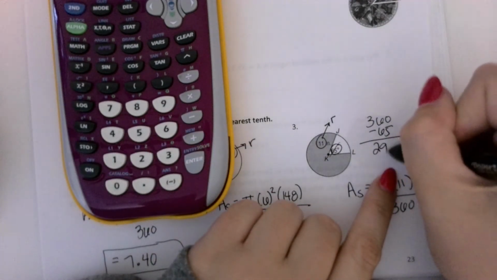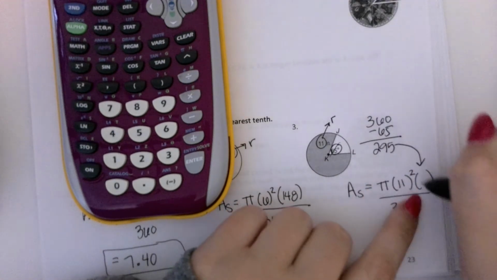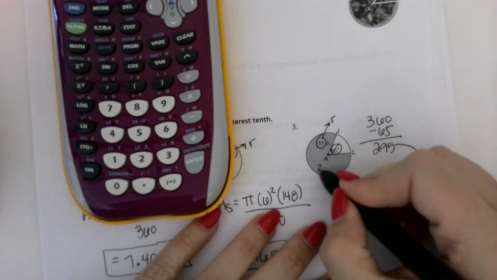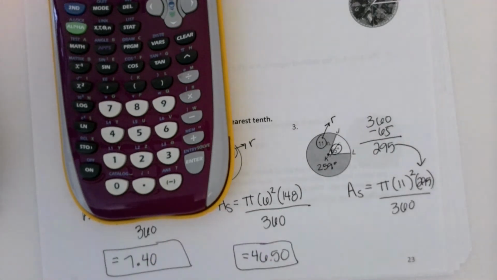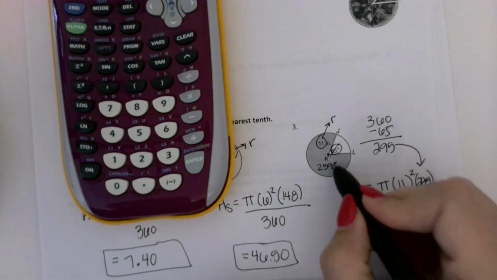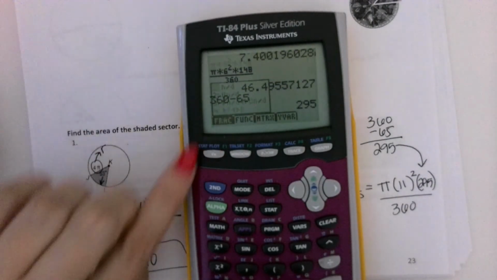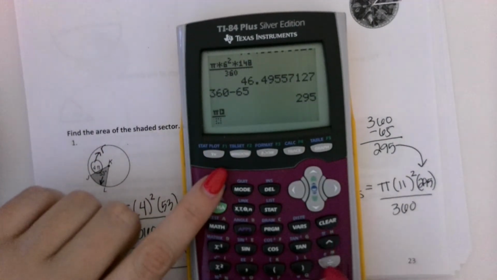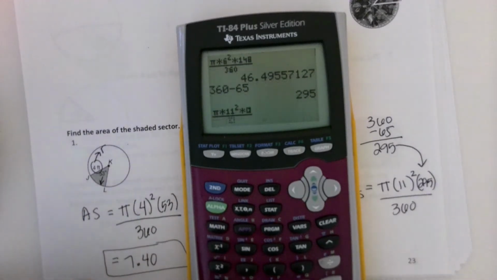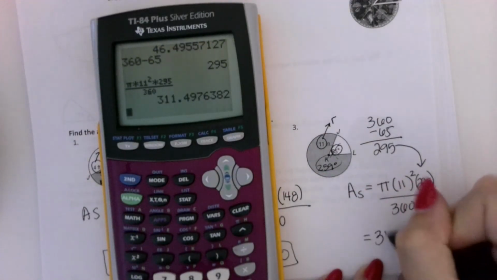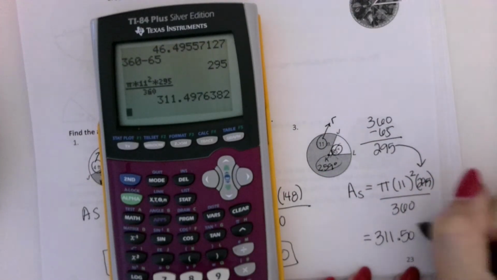That gives us 295. That's what we're going to use here. This is 295 degrees. Now we're in the shaded area. So we get 311.50.